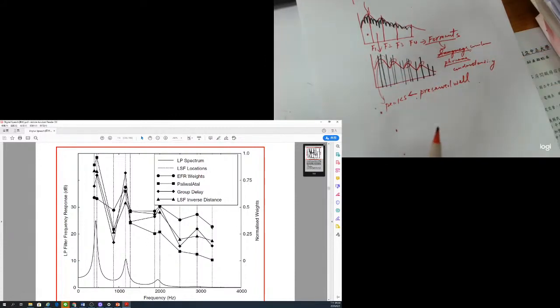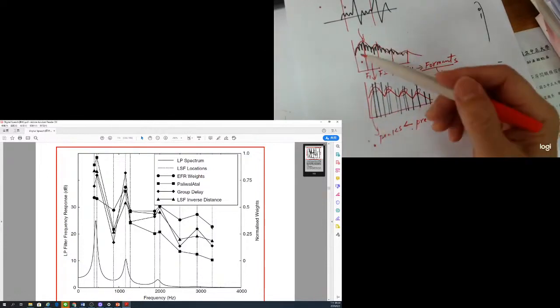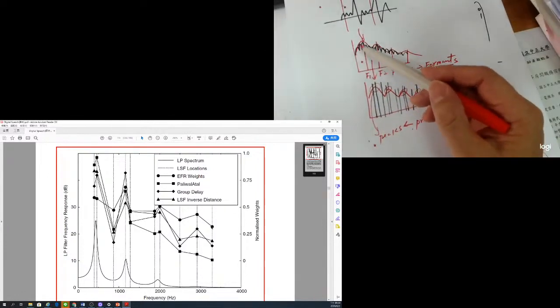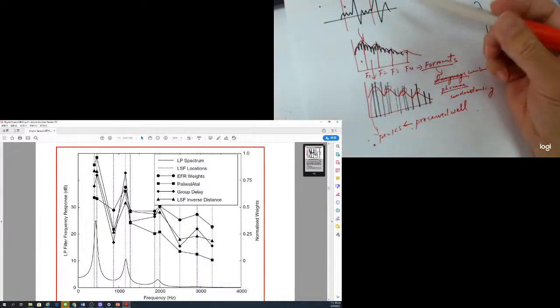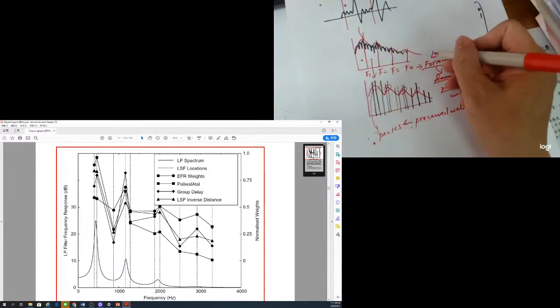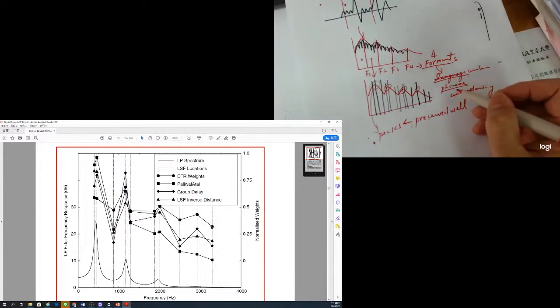LPC is a model of your speech signal envelope shape. Based on the envelope shape, we can come out with four formants. These four formants are related to phonetic understanding, like R, E, U, A, O, the basic sound understanding.